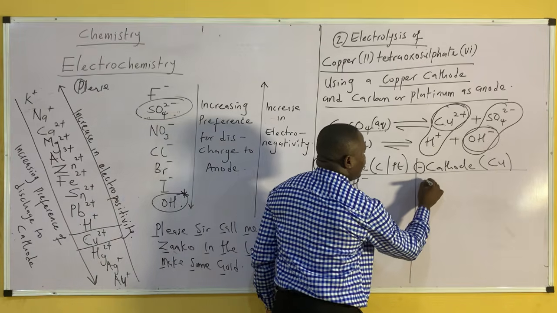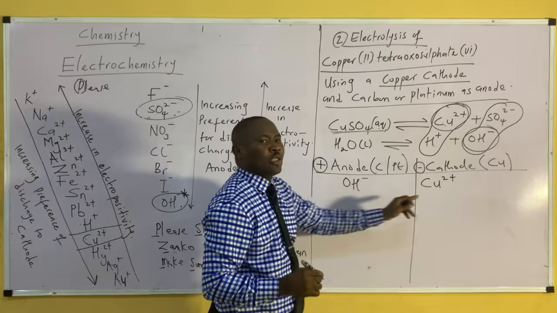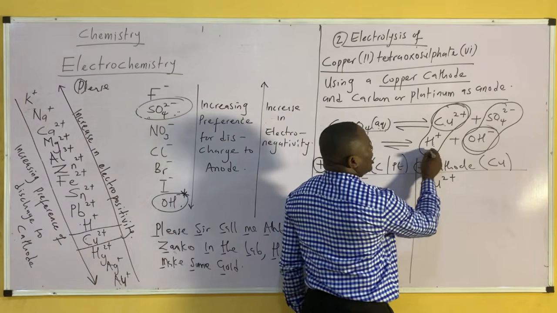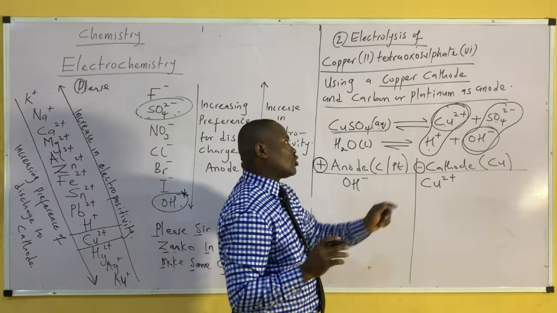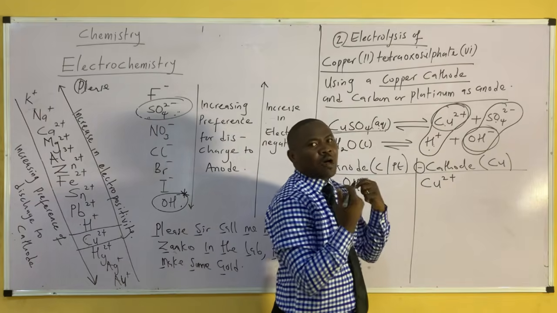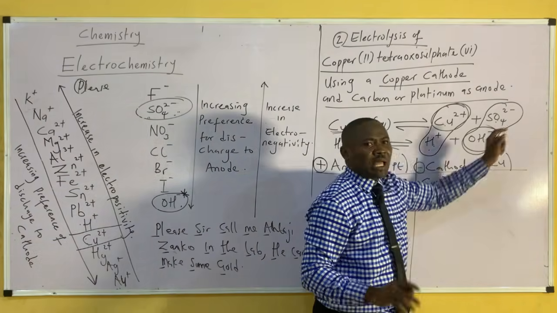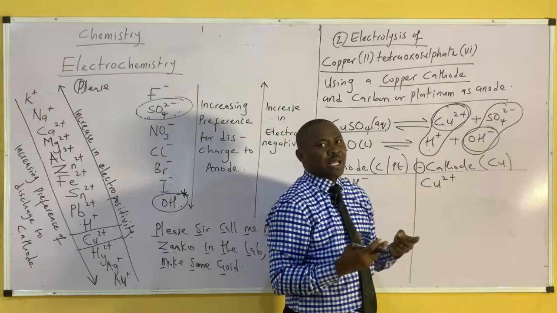So what do I have here? I have Cu2 plus. So these ions are the ions that migrated, leaving H plus and SO4 2 minus in the solution. So this and this opt out and migrated towards the electrodes, while this and this are left in the solution. So it means this solution will now be acidic.